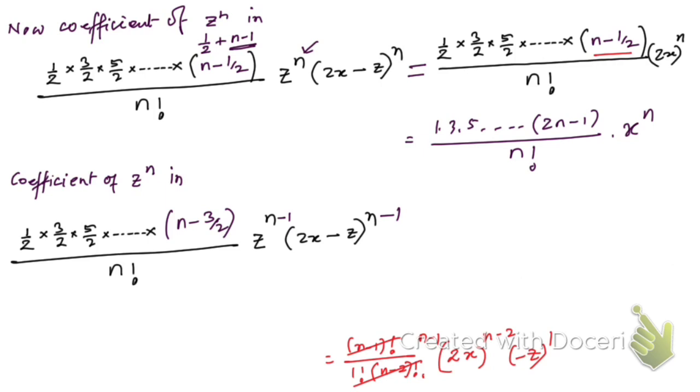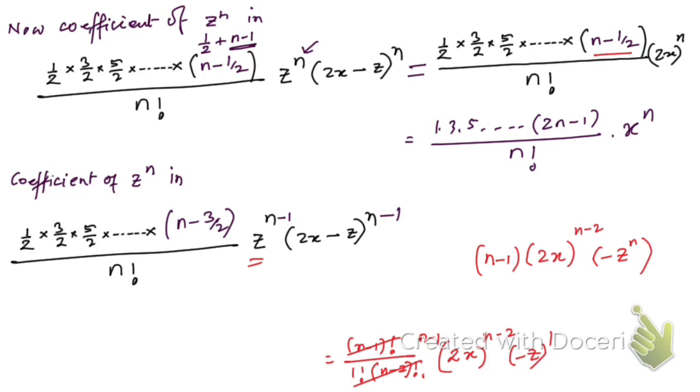Now you see what we have got: n minus 1, twice x whole to the power n minus 2, into minus z whole to the power 1. Here if you multiply this z to the power n minus 1 with this, then what you're going to get is minus z to the power n.